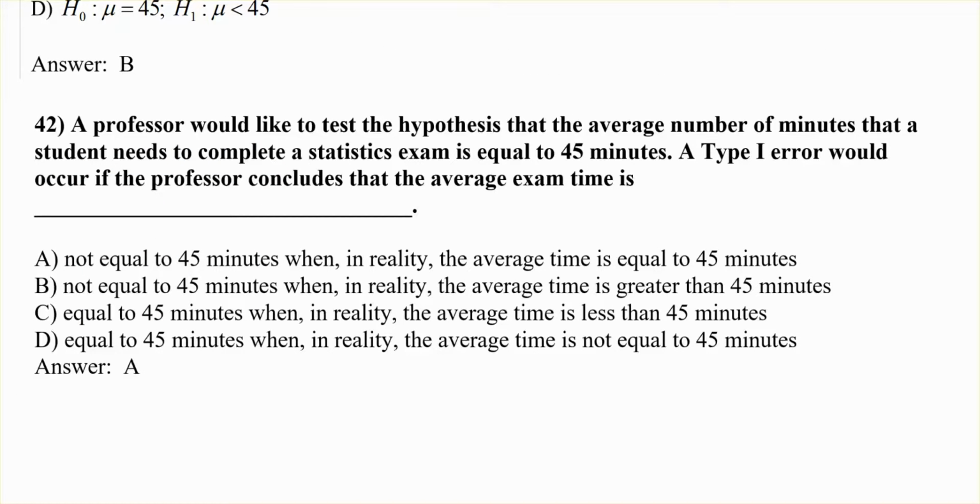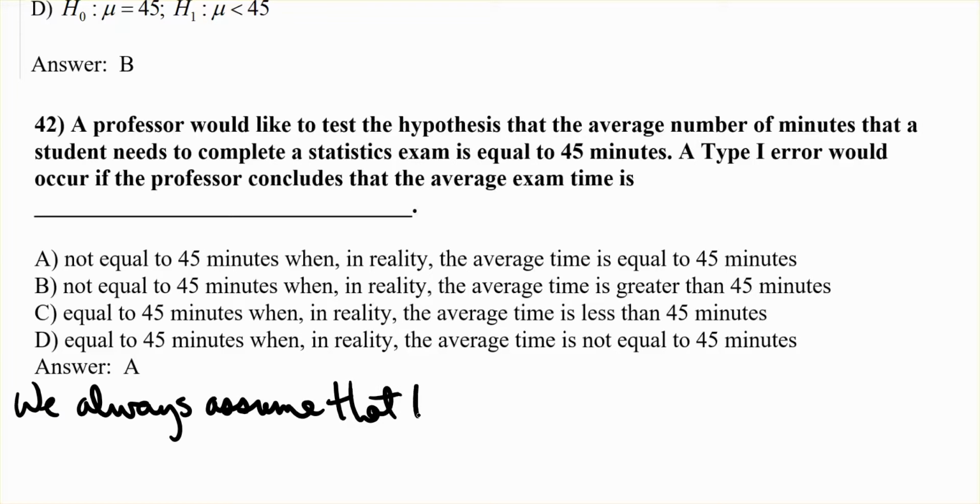So what we do with a hypothesis test is we perform some statistical test. And we assume that the null hypothesis is true. So we always assume that H0, the null hypothesis, is true.